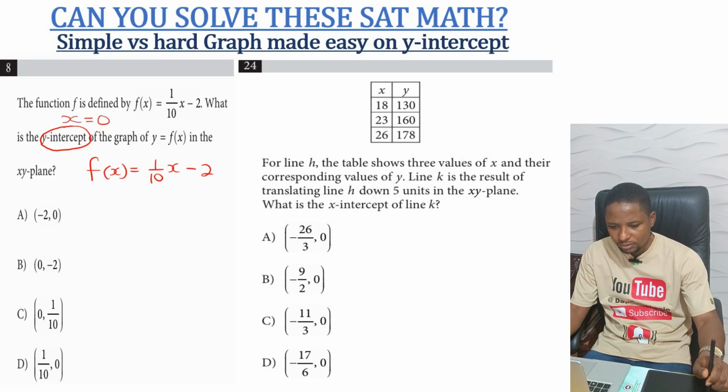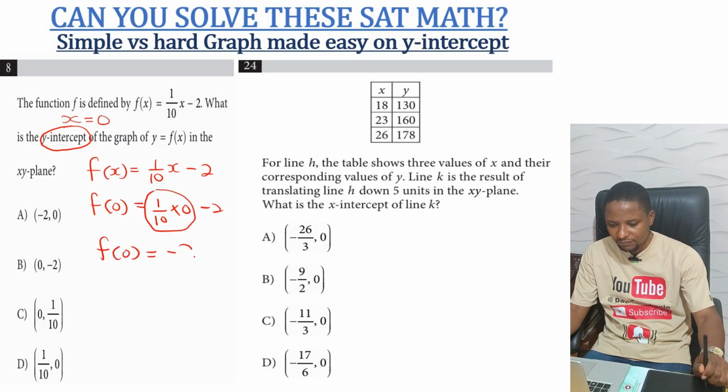So all you do is substitute 0 for x, and then you have 1 over 10 times 0 minus 2. So everything here gives you 0. Therefore, your f of 0 is equal to minus 2. What have you done? When x is 0, y is minus 2. And that is it. Very simple.